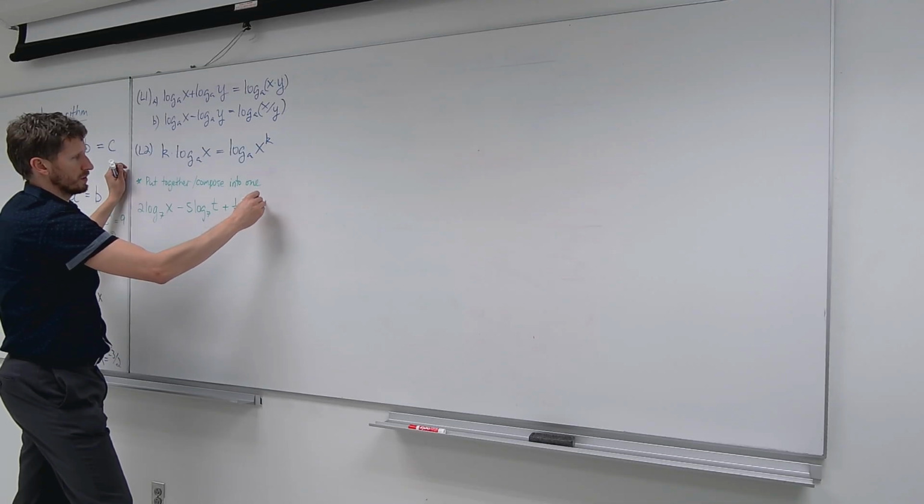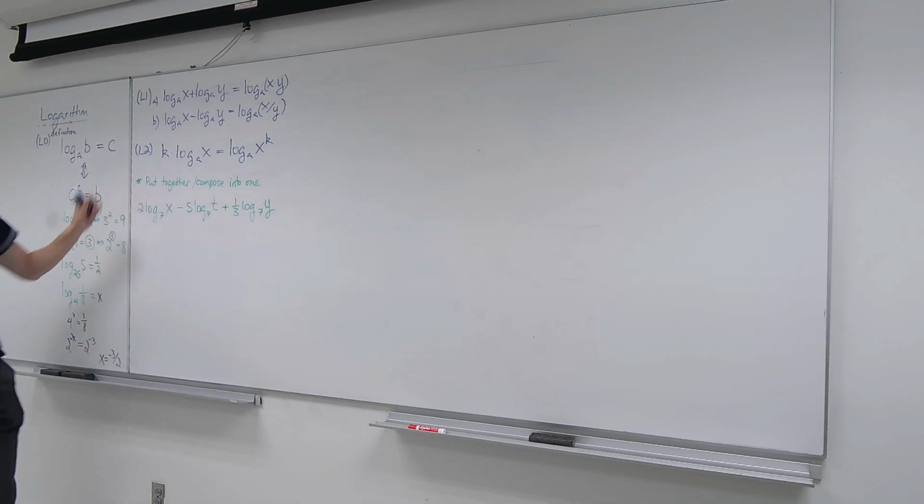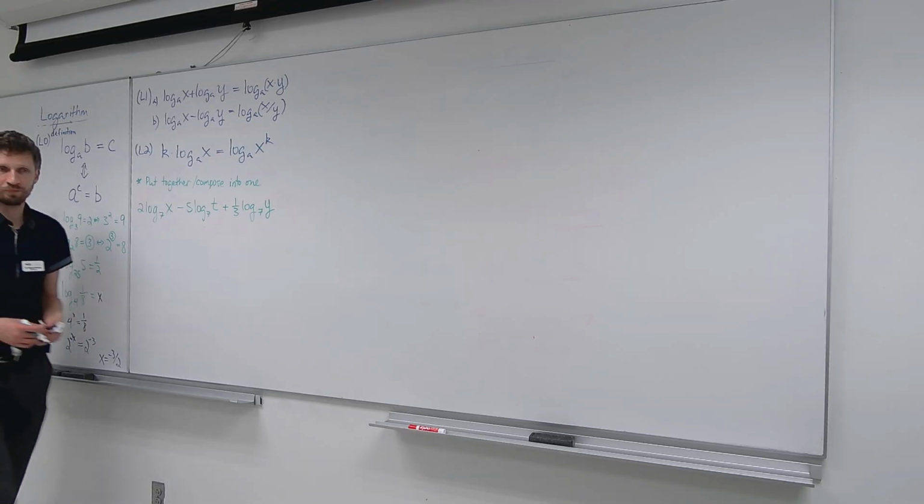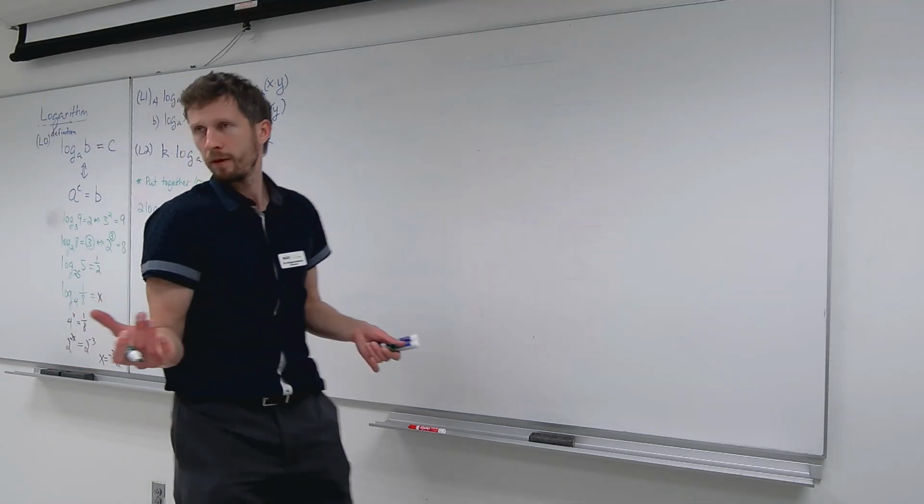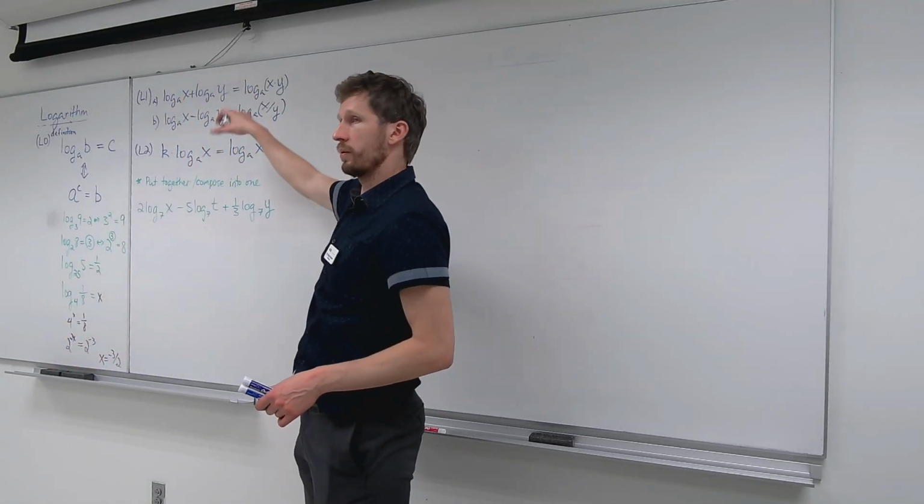I'll just use y because it's easy to see. Okay, what is that if you put it together? Make it one, right? How would you do that? Use these properties. Get it?